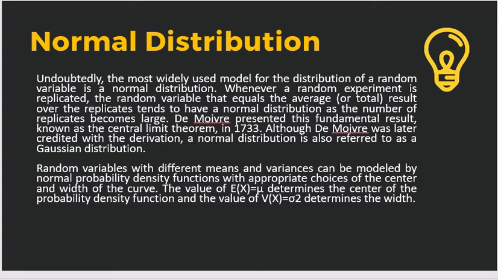Random variables with different means and variances can be modeled by a normal probability density function with appropriate choices of the center and width of the curve. The value of E of x, equal to your given mean, determines the center of the probability density function, and the value of V of x, equal to our variance, determines the width.